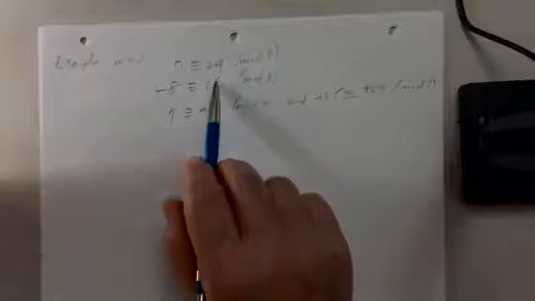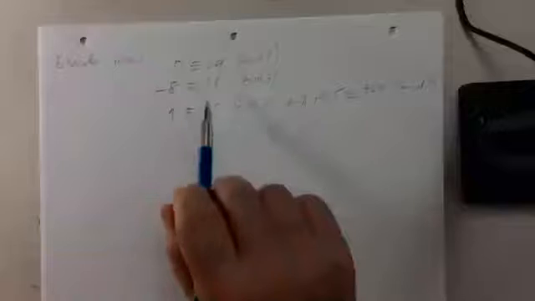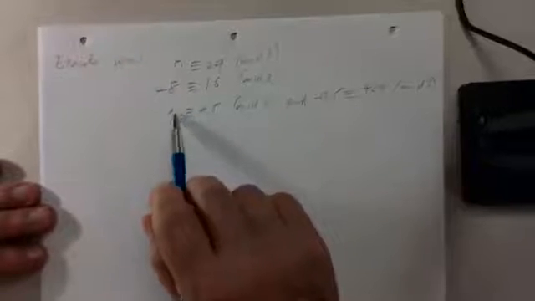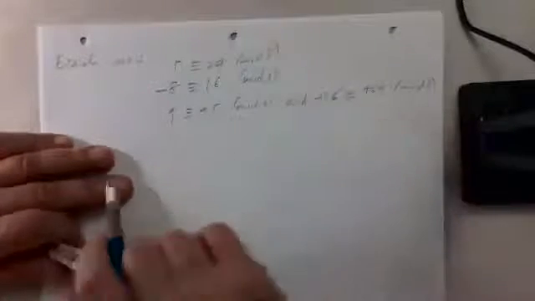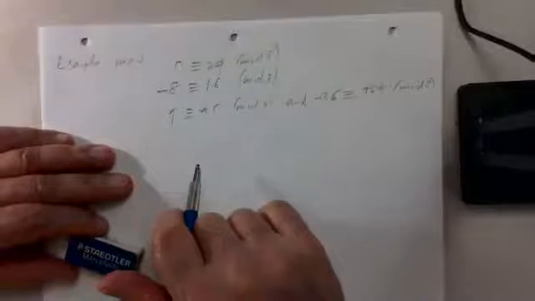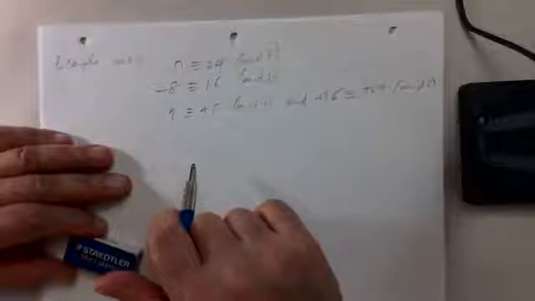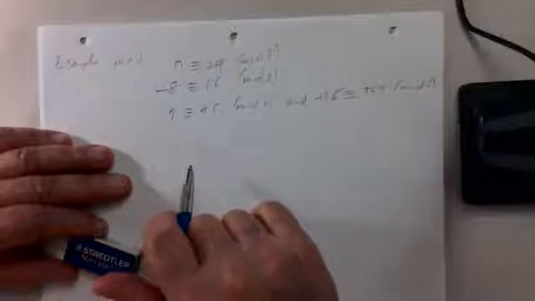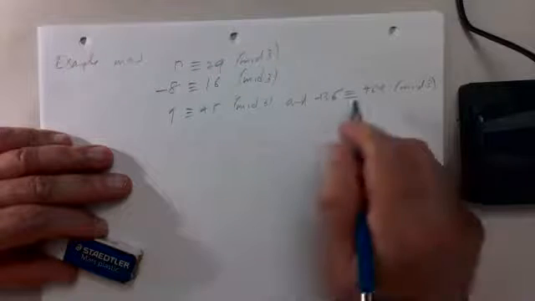So 29 times 16 is 464. Yeah. So this should be a true congruence.